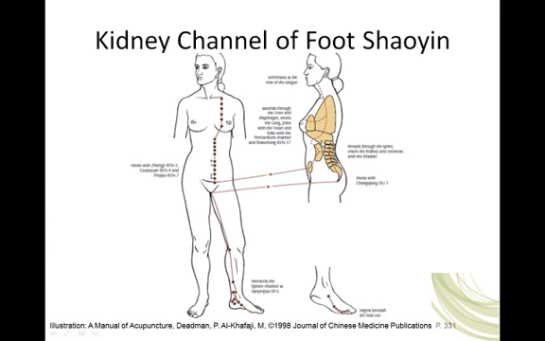Again, we go back to growth, development, reproduction, regulating the menstrual cycle. Right? So we think about what we know about the kidney zang, and we think about where the channel pathway runs, and we can come up with a summary of what the points accomplish.